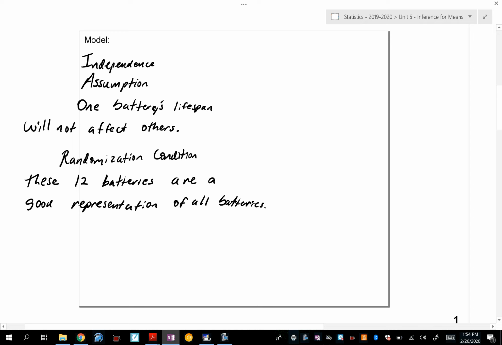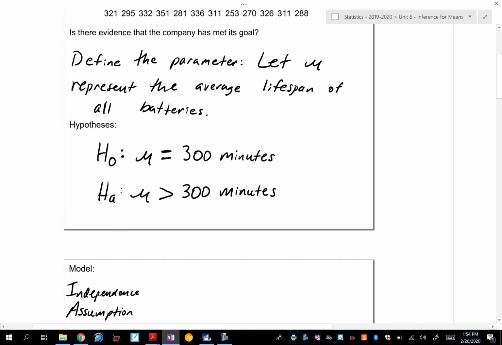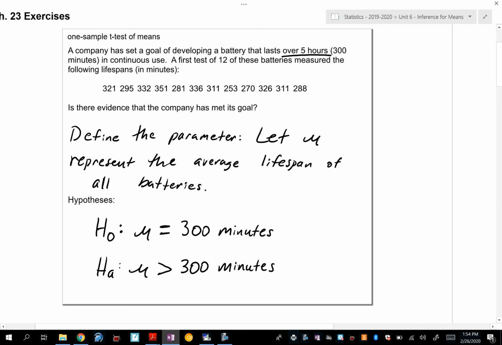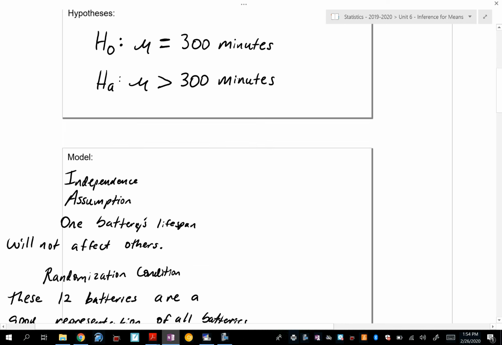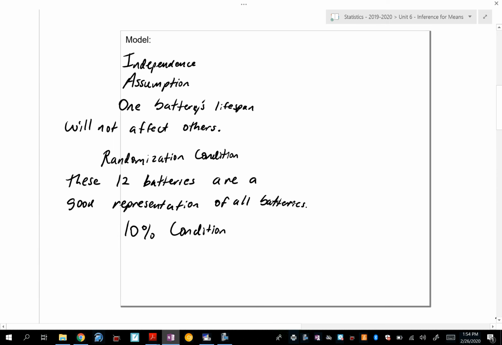Okay, and what about the 10% condition? So times 10, and so how many batteries do we need this company to be producing? I'm not sure why we're saying 1,200, because 12 times 10 is 120. I'm sure they're producing over 1,200, but really, we only need them to be producing over 120.